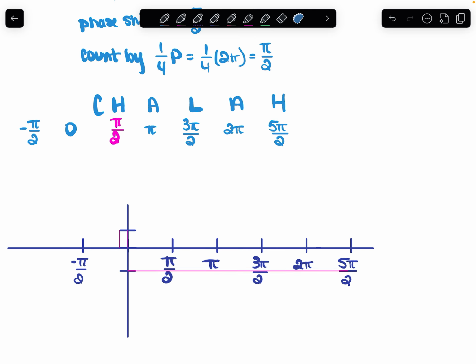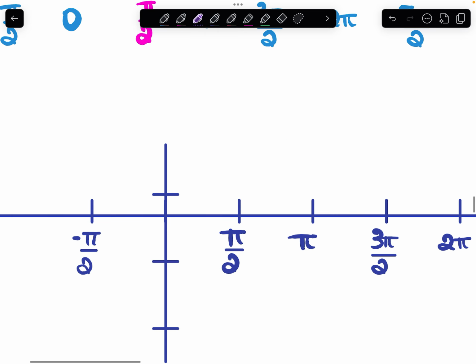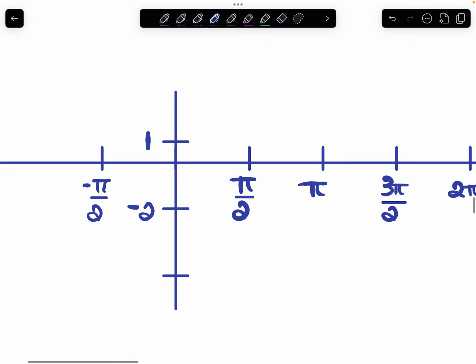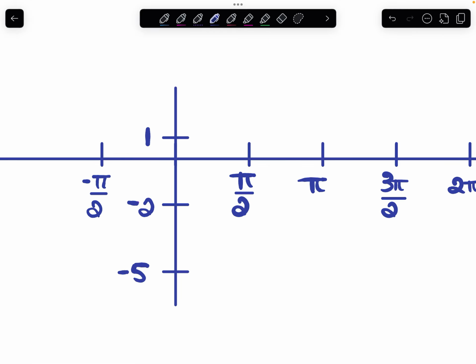So we need to make sure it's above, and then it's going to put our minimum at -5. So -2, those are dots. -2 plus 3 puts us at 1. -2 minus 3 puts us at -5.